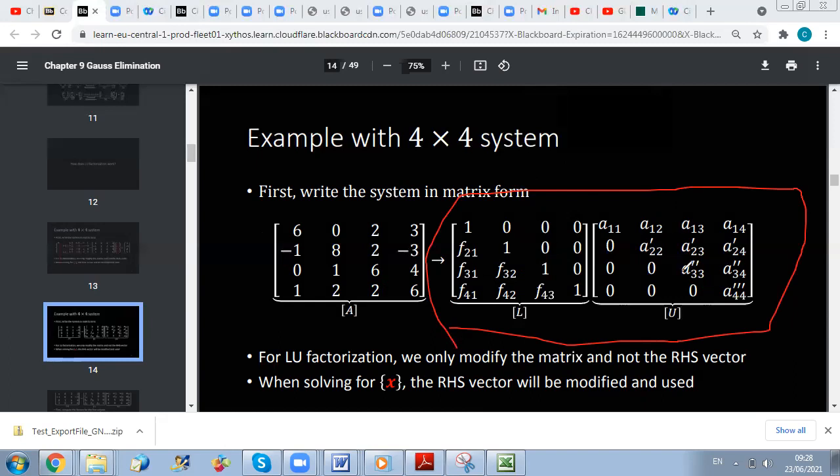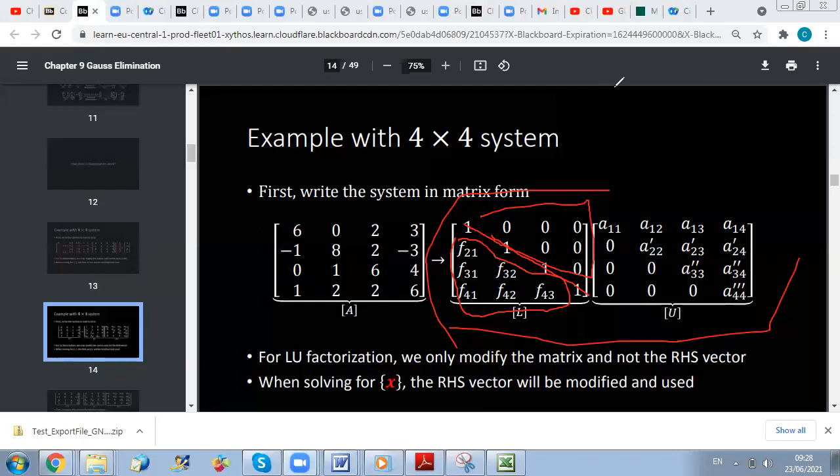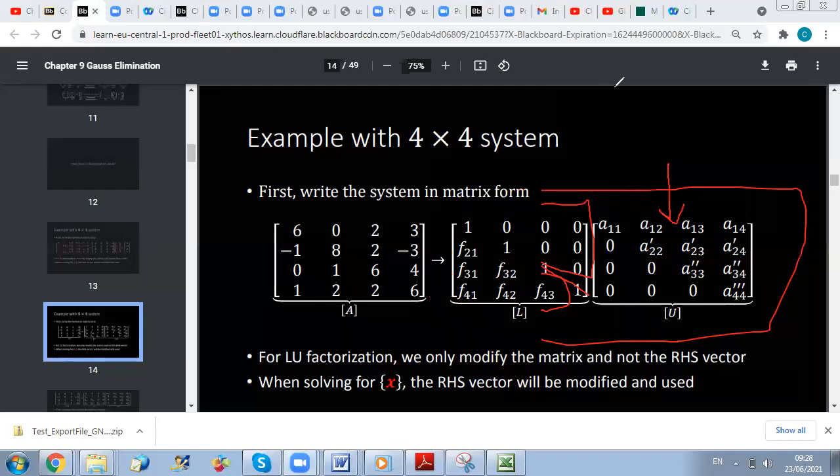Once you do the forward elimination, you have the upper triangular matrix, and you create another matrix formed by the factors you used, with ones on the diagonal and zeros on the upper part. Then when you do L times U, you get A. Why we are doing this, we will see in the coming slides.